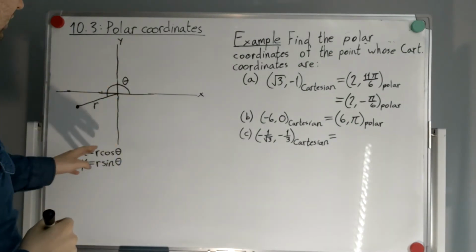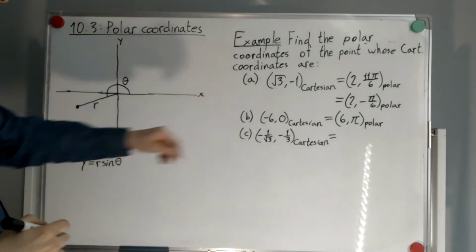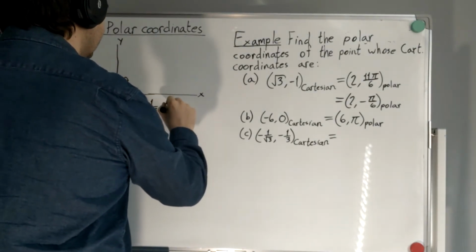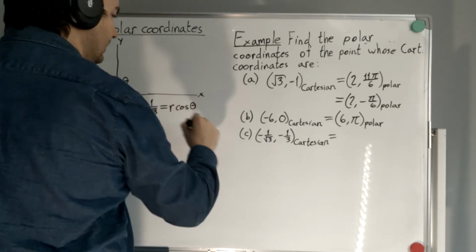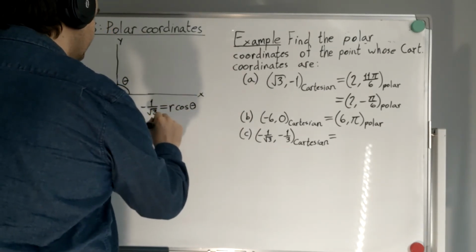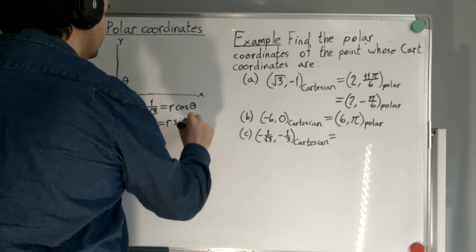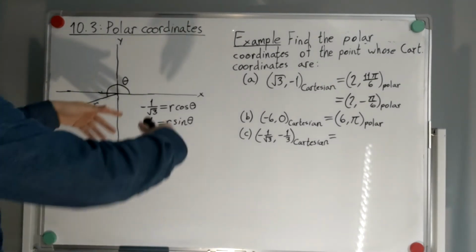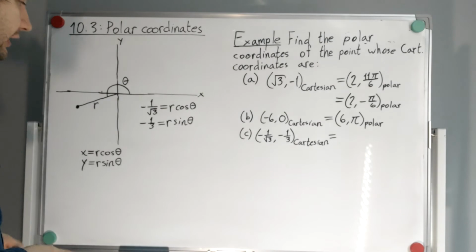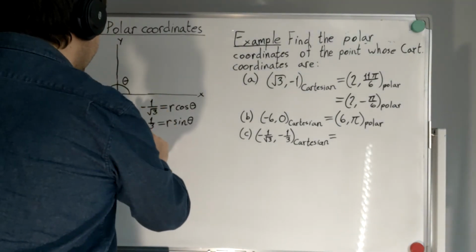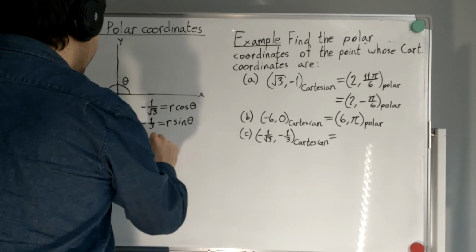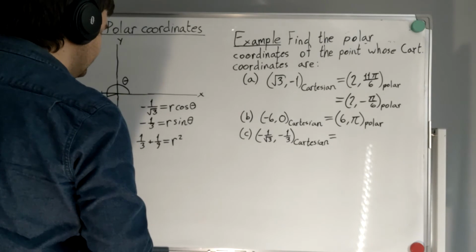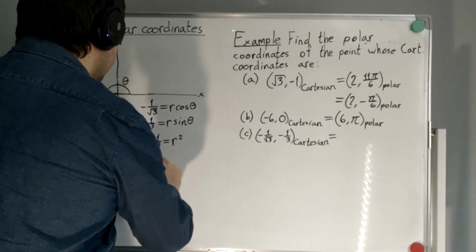So we'll just say -1 over root 3 equals r cosine theta, and -1/3 equals r sine theta. Once again, square these and then add them together first. That's the easiest first step. So you get 1/3 plus 1/9, and this has to be r squared. 1/3 plus 1/9 is the same as 4/9.